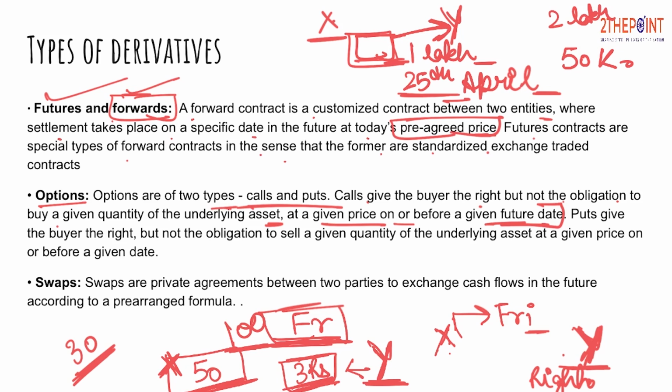In case the movie is a hit, the ticket is around rupees 100, but Y has a profit of rupees 50, because now he will exercise the right to take the ticket at rupees 50 only from X. So here in this case X is at a loss. So this is the call option. Now we will understand what a put option is. So okay, a call gives you the right to buy.